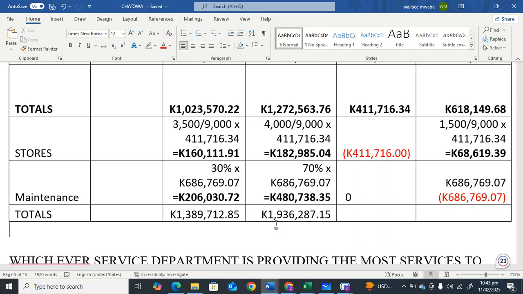Yes. Are we getting a similar value? Okay. Then assembly gets 70% of maintenance hours. So you multiply by this.